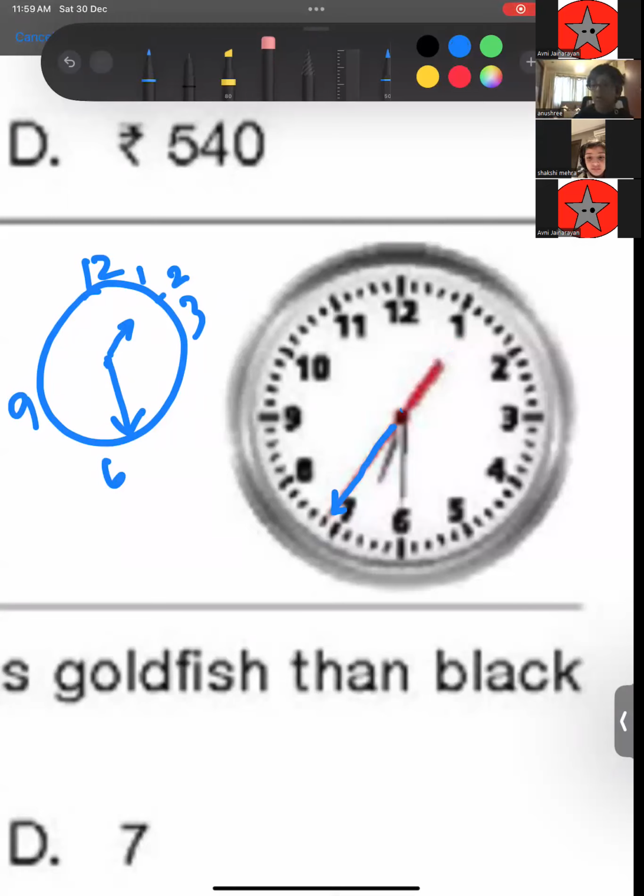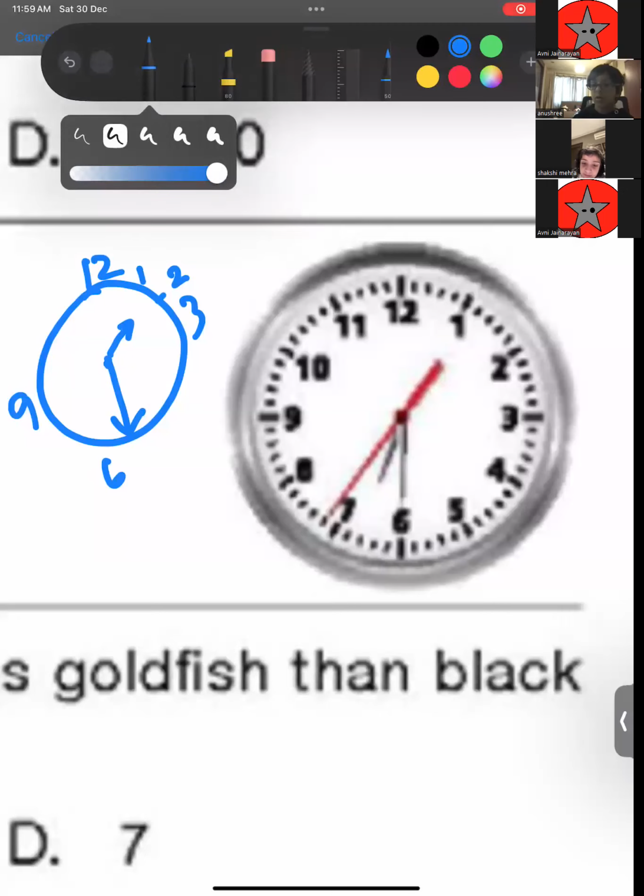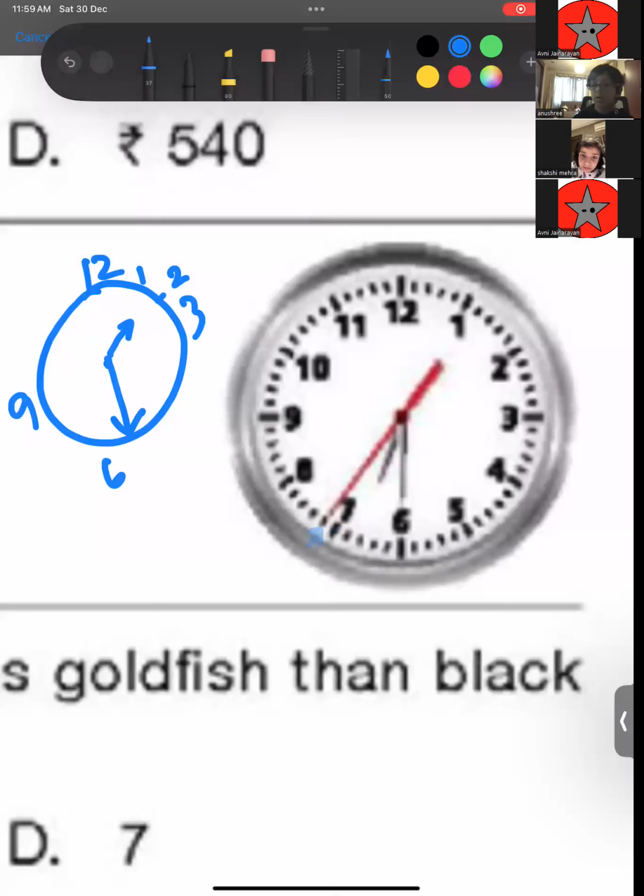So I cannot say it is 1:35. Secondly, it was not at 1:35 but 1:36, if you carefully see where the red line is going. It's after 7. Can you see? This is 7. At 7 it would be 35, but this is after 7, at 36.